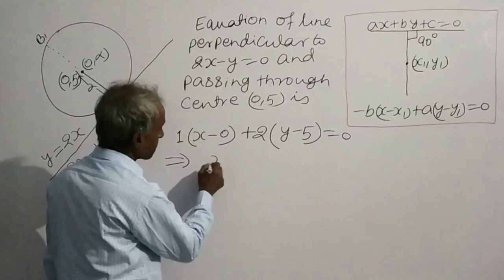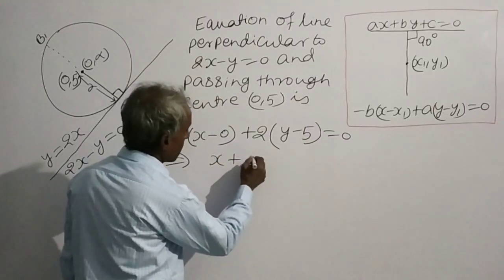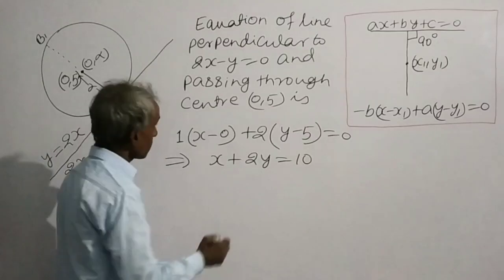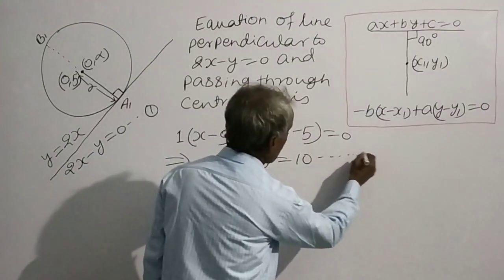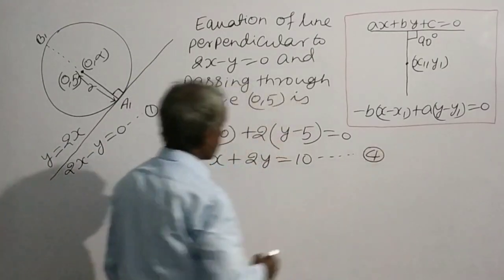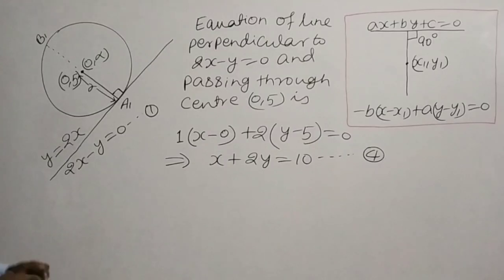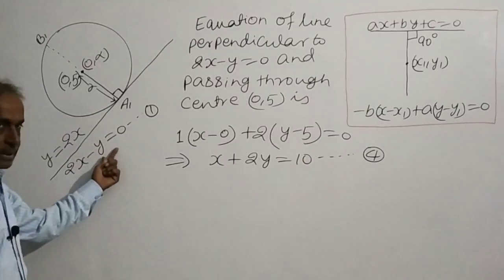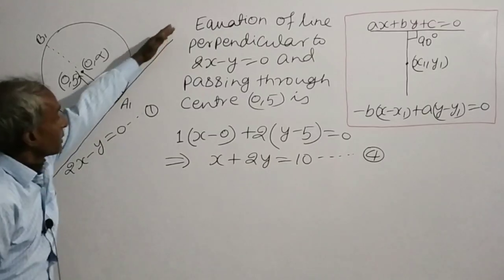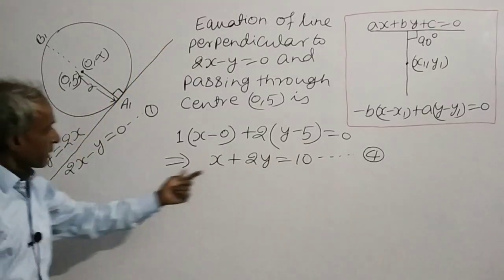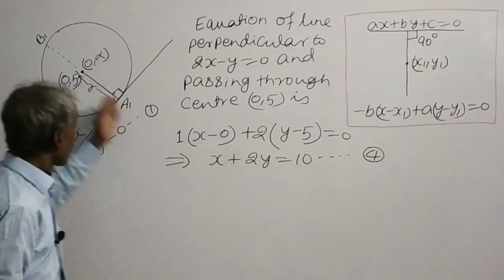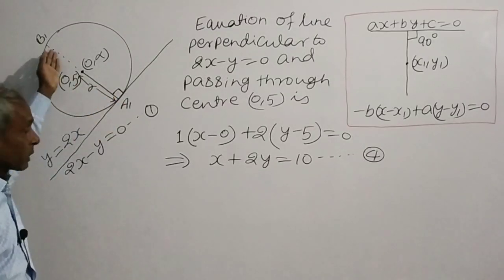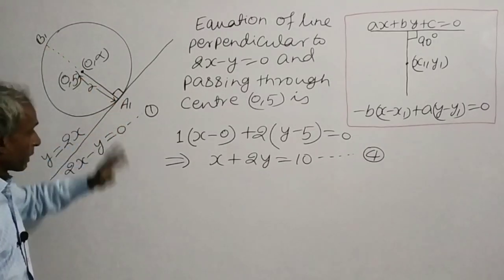This implies x plus 2y is equal to 10. We suppose this is equation 4, where this is equation 1, this straight line. This is equation 4, the equation of this straight line. That means the equation of A1B1.